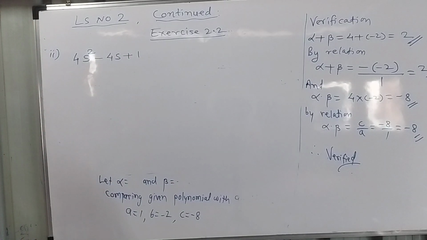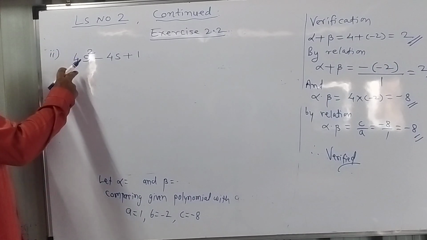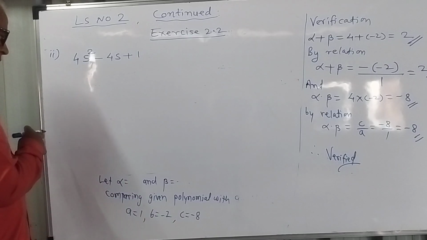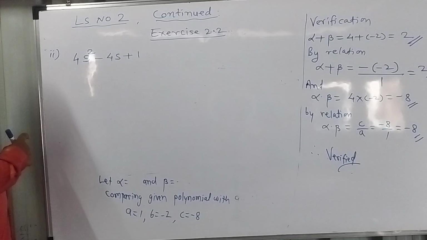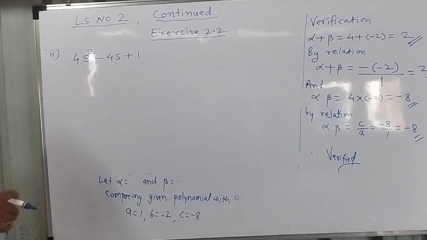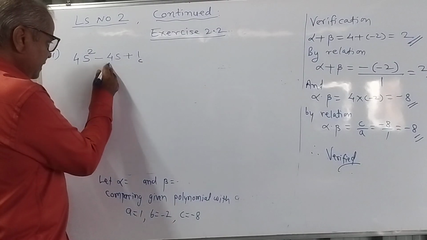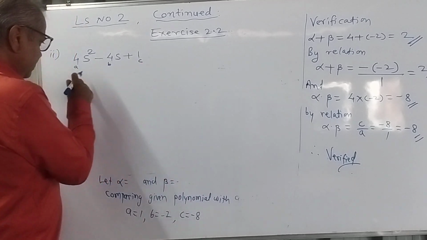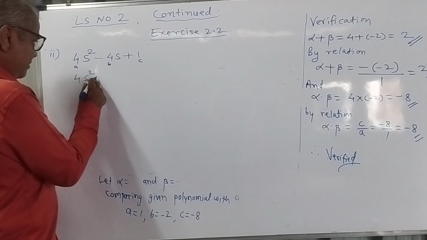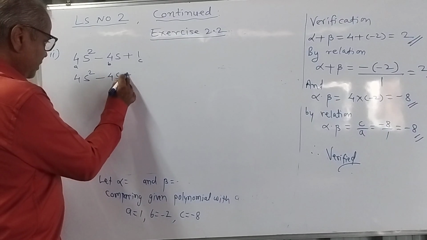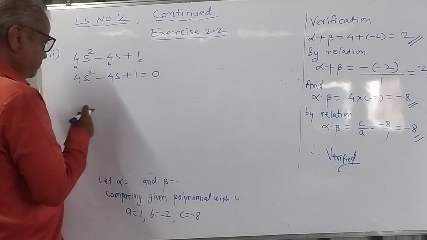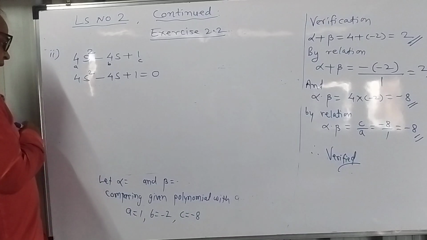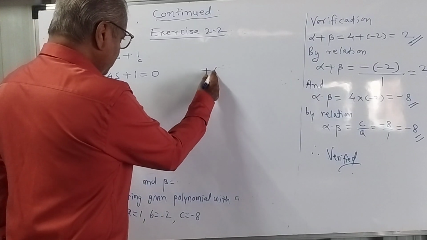So first step is, same as before, equate this polynomial with 0 because it is a trinomial and a quadratic polynomial. We need to split the middle term. We can find the zeros by splitting the middle term. So this is c, this is b, and this is a. So first equate it. 4s square minus 4s plus 1 is equal to 0. So write c into a, that is 1 into 4 plus 4.